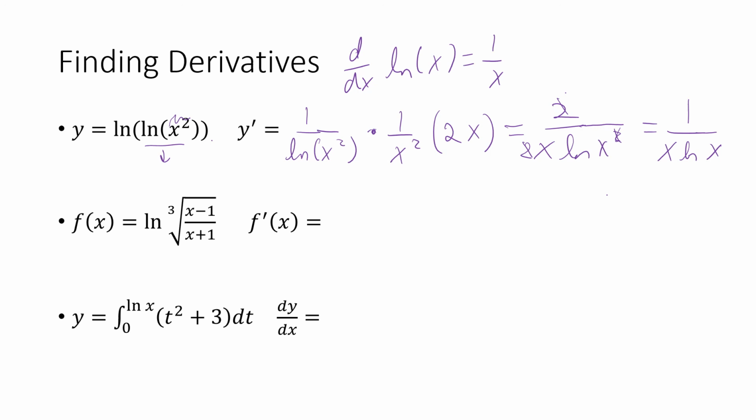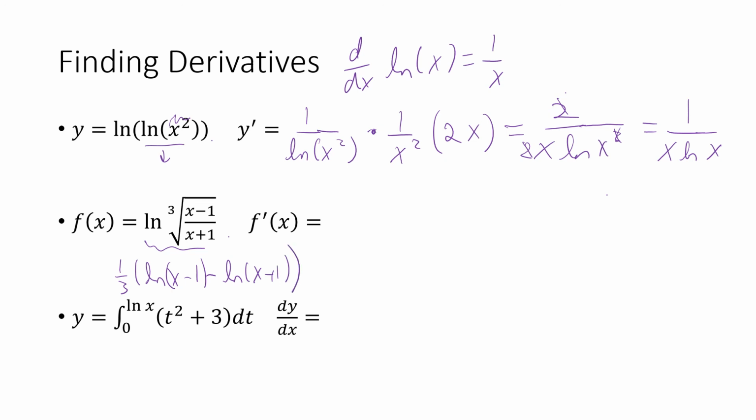So if I want to take a derivative of this kind of function, I don't want to use my triple chain rule plus product rule and all of that. Instead, I'll rewrite this first as 1/3 log of x minus 1 minus log of x plus 1.